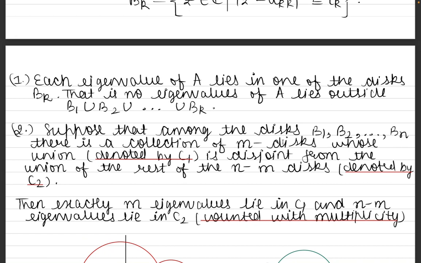That is, no eigenvalue of A lies outside this union. And that is obviously true because we have seen the Gershgorin circle theorem. And again, I repeat, this phenomenon does happen because A and A transpose do have the same eigenvalues.